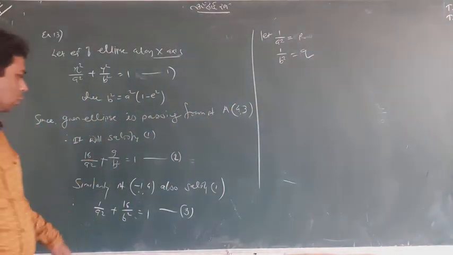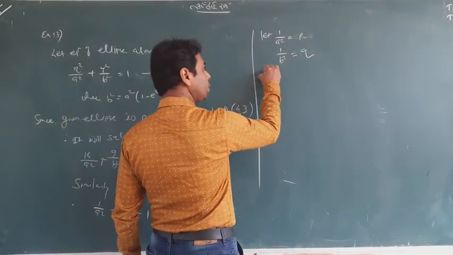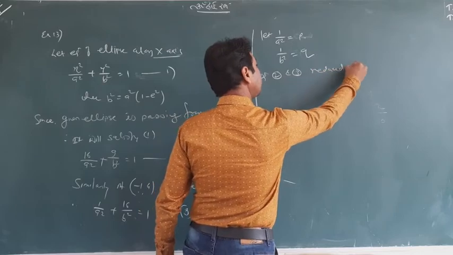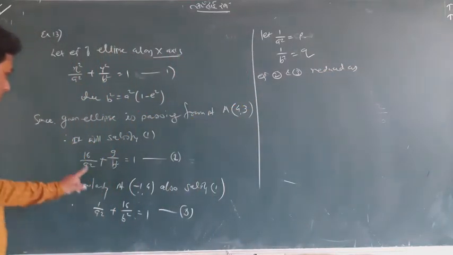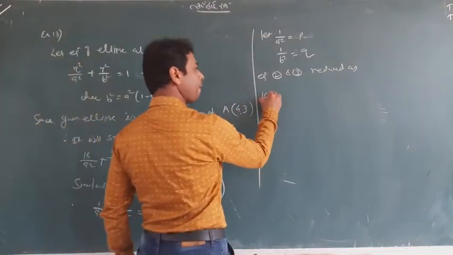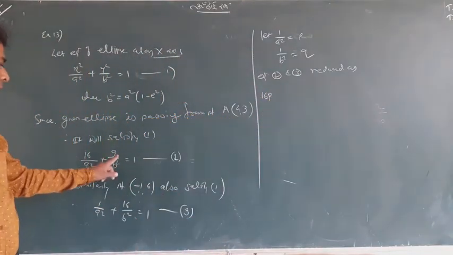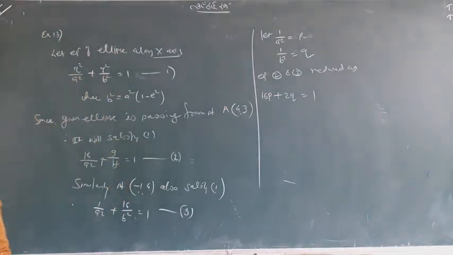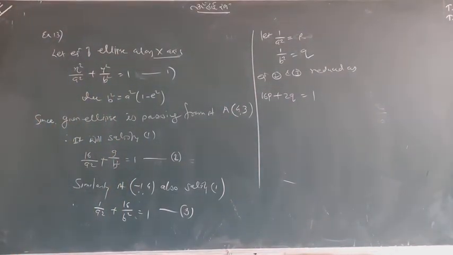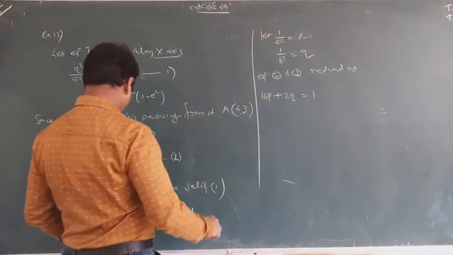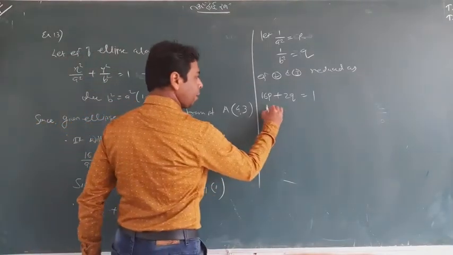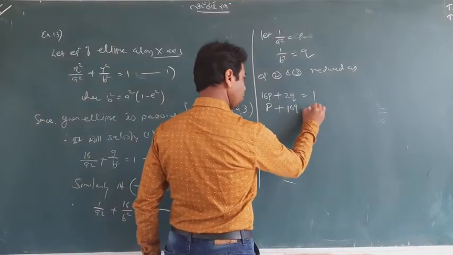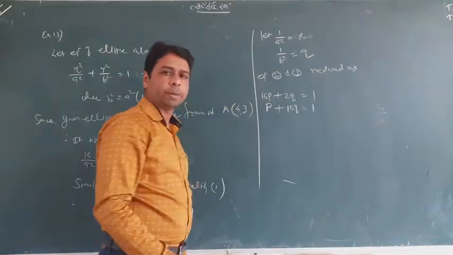So the second and third equations reduce as: 16p plus 9q equal to 1, and 1 by a square, meaning p, plus 16q equal to 1. Now I will solve them.